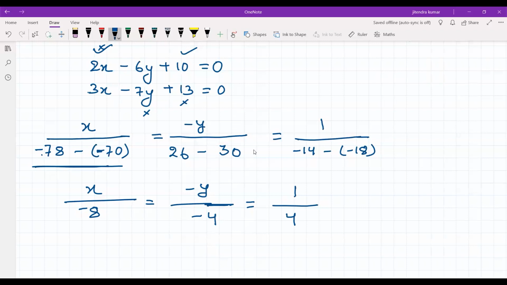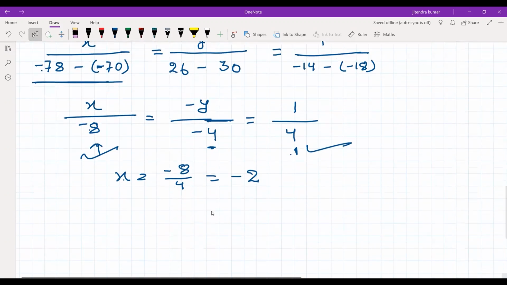Now you just have to compare this and this, and then this and this. First compare x with this constant, so x is equal to minus 8 upon 4. I have compared this and this. So x will be equal to minus 8 upon 4, which will give us minus 2.